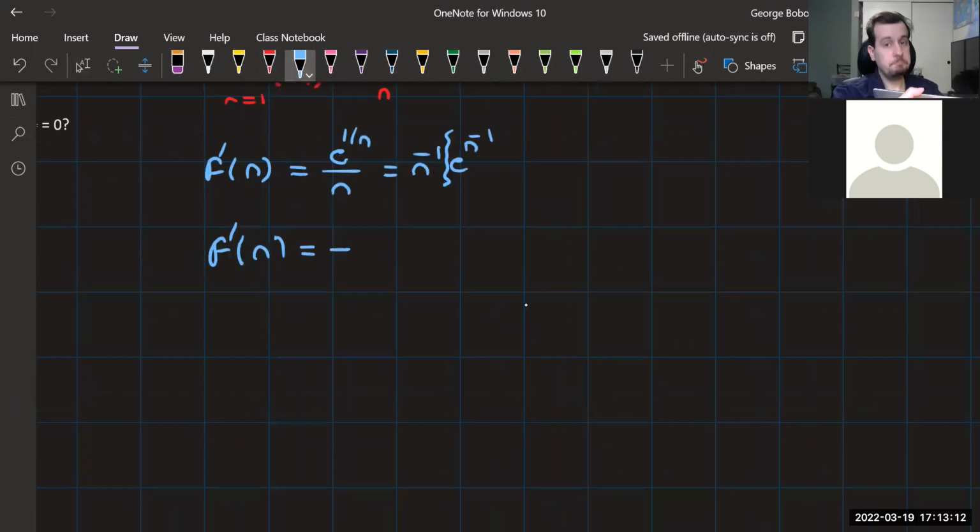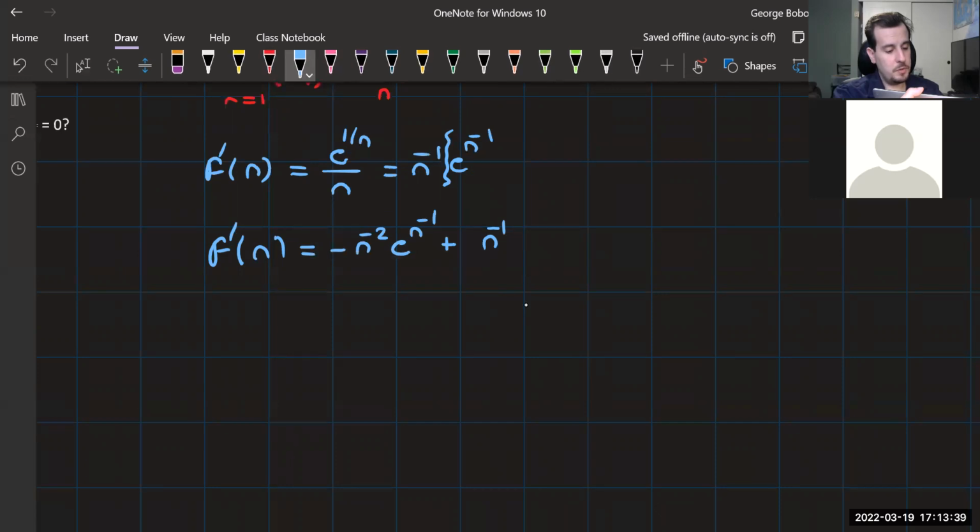Negative n to the power of -2 times e^(n^-1) plus n to the power of -1 times e^(n^-1) times negative n to the power of -2.